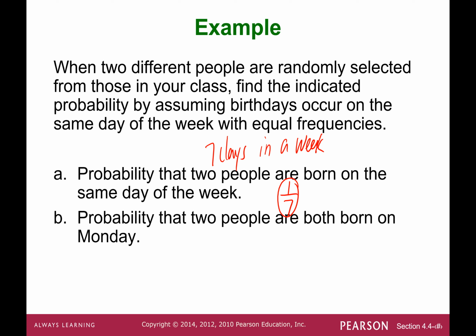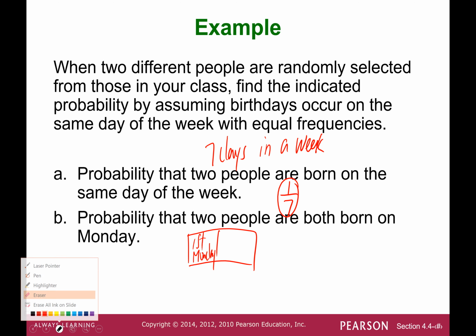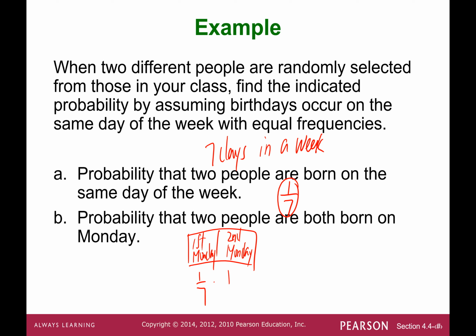Now the probability that two people are born on Monday. First one born on Monday, second one born on Monday. So 1/7 chance the first person is born on Monday, and 1/7 chance the second person is born on Monday.